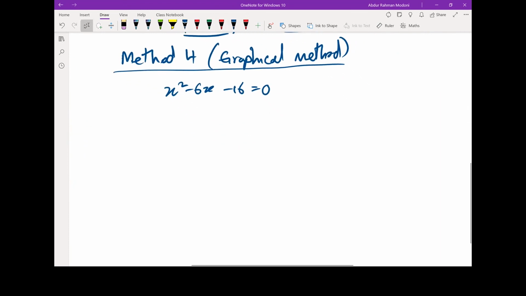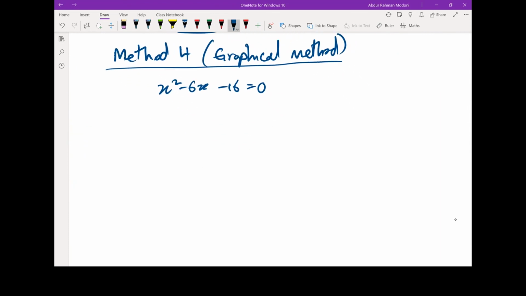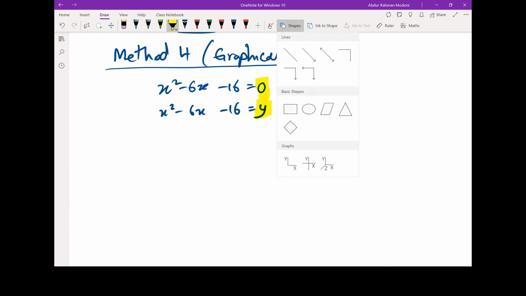Well, originally this would have been probably written as x squared minus 6x minus 16 equals to y. Now, since you have an x and y, you can plot that. So what does solving actually mean? Solving means we're finding out the solutions of the equation, and solutions are when y is equal to 0. Which is why when we go to solve, we actually make it equal to 0, because we're looking at where it crosses the x-axis, and when something crosses the x-axis, the y values are 0.